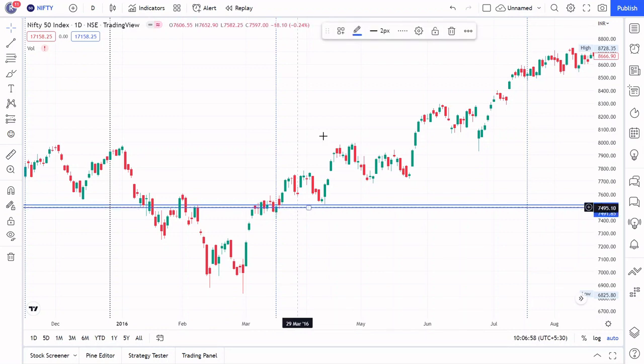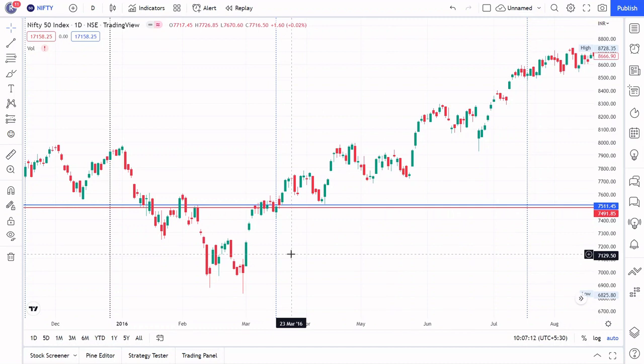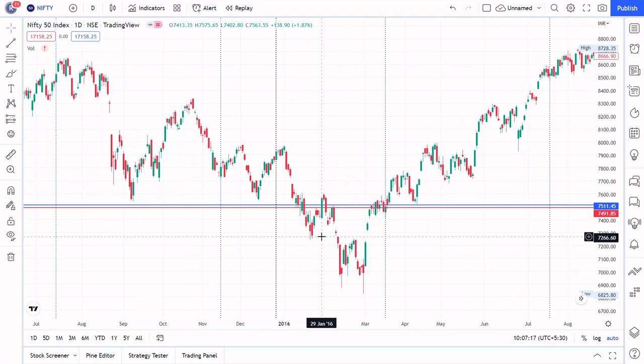Let me plot it with a different color. And see the level which we had was 7491 and Nifty made a low of 7511. Isn't it fascinating how accurate these time levels are?